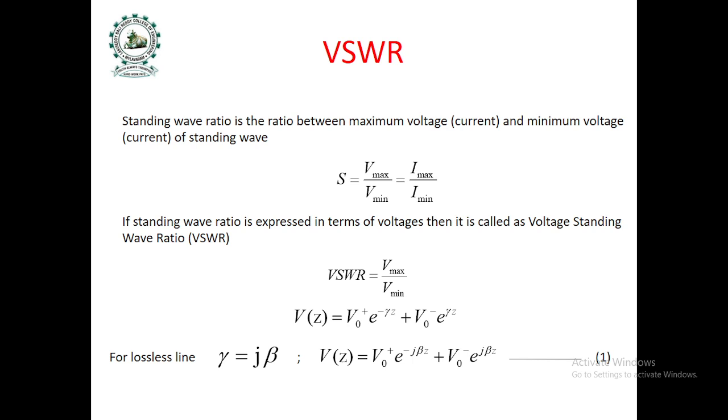Coming to standing wave ratio. Standing wave ratio is the ratio between maximum voltage or current to minimum voltage or current of the standing wave. S equal to V maximum by V minimum or I maximum by I minimum. If standing wave ratio is expressed in terms of voltages, then it is called voltage standing wave ratio, VSWR.